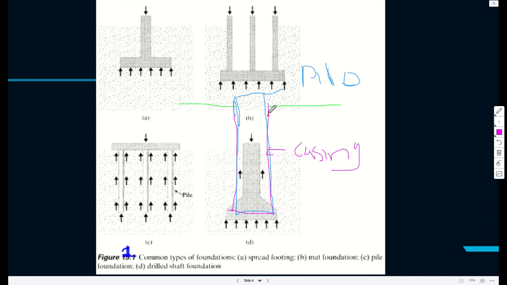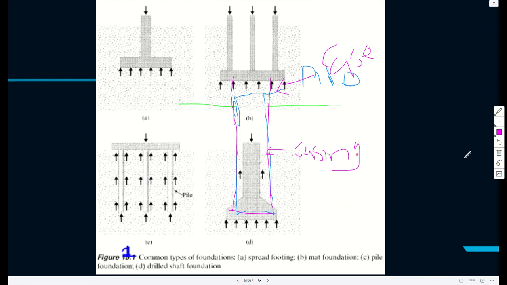You can leave the casing, in which case you're increasing the strength of the entire system and the load carrying capacity. But actually, when you're doing the calculations, you do not take care of the casing. So you can either choose to remove, withdraw, or leave it after construction.